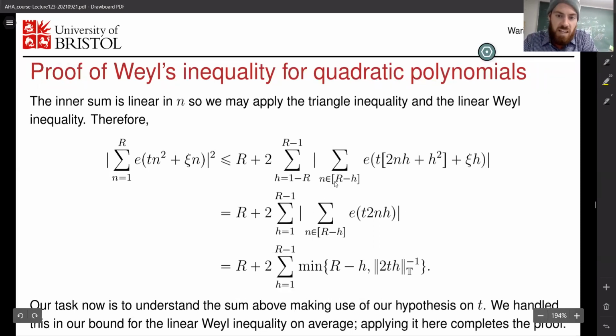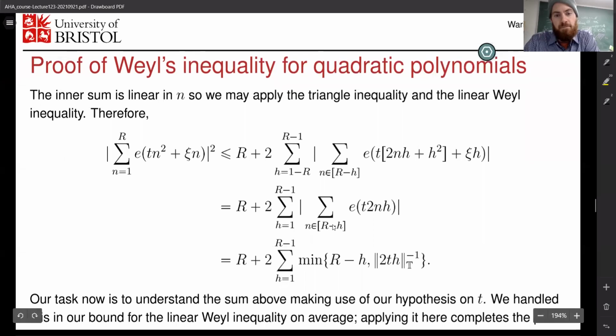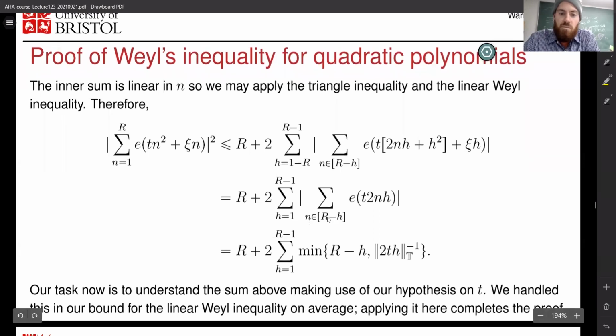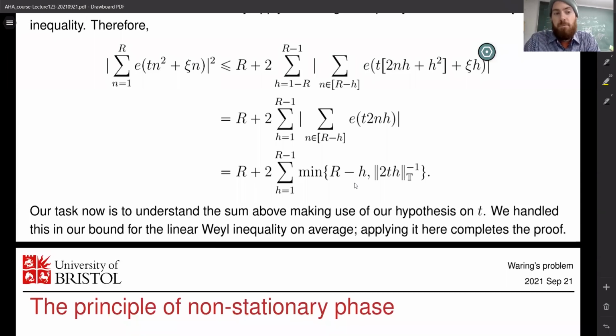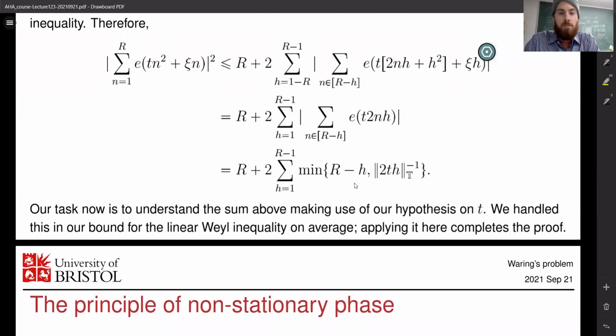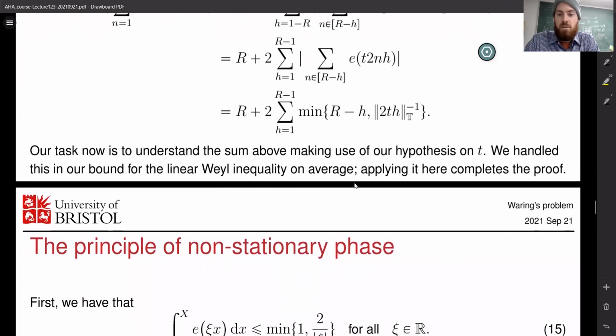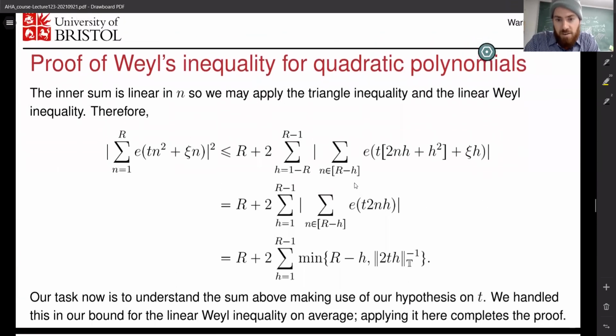Again, I've been using this notation where brackets around a number means it's just from 1 to that number, inclusive at the endpoints. Great, and this is exactly what we're looking for with the Weyl bound on average for the linear polynomials. So we just apply that here.